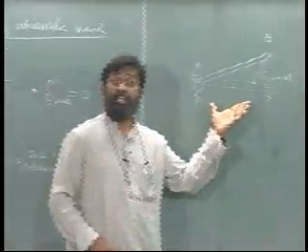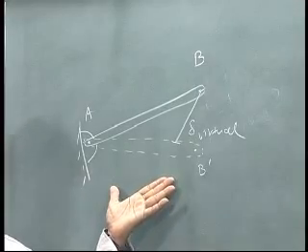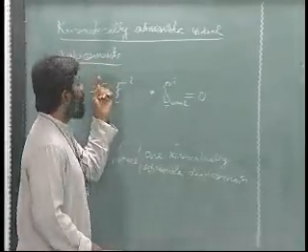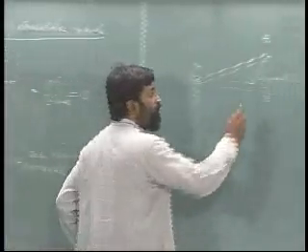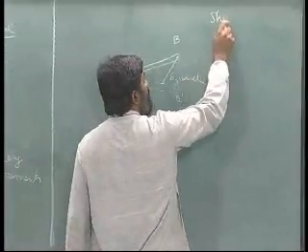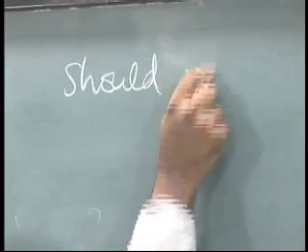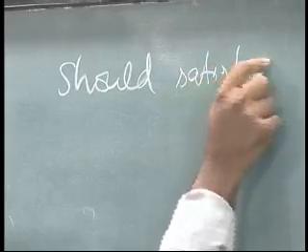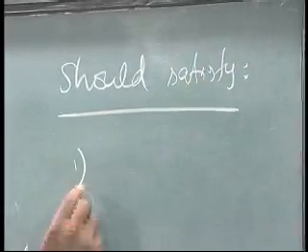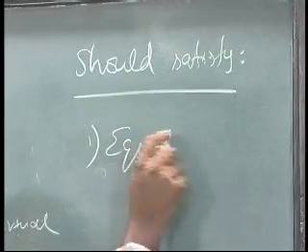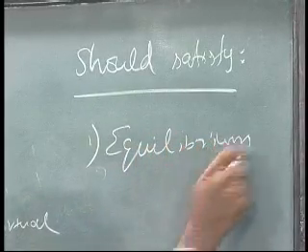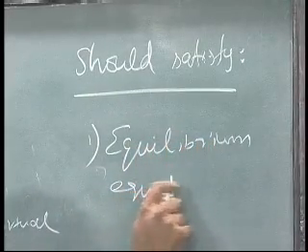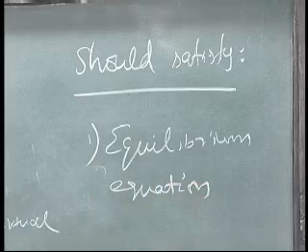Now, we have to make sure that this criterion is satisfied apart from the equilibrium equations. So, it should satisfy, number 1, equilibrium equations, for any rigid body that we are looking at.